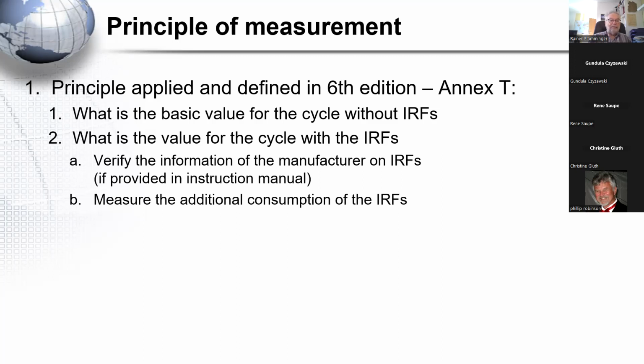And we want to have the option to measure and verify if these additional consumptions of the IRFs are correct. So we also need a methodology to identify the consumptions in the different IRFs.